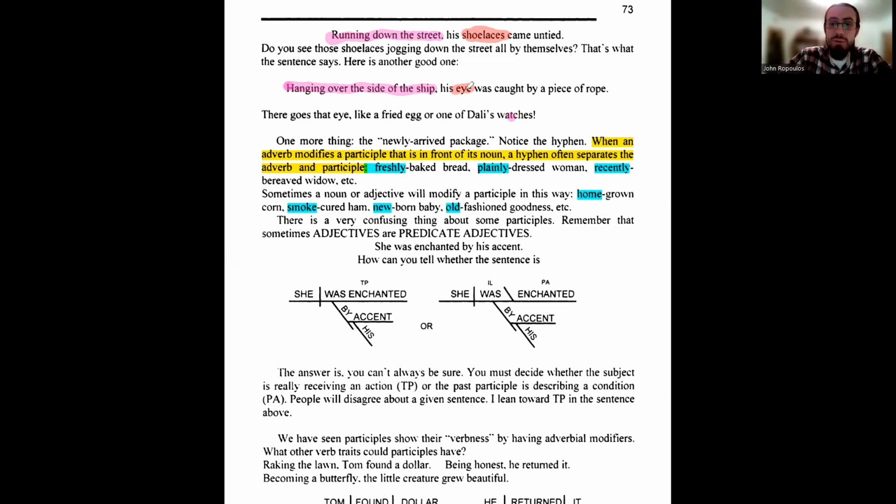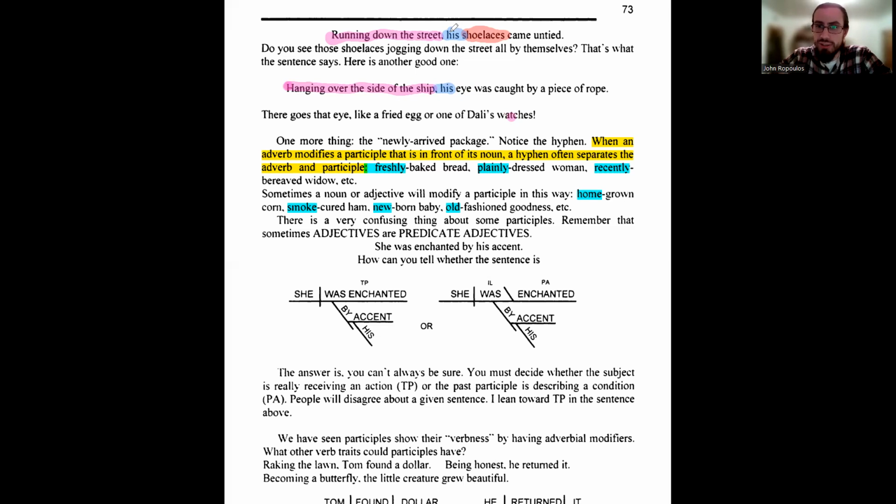So that is an important rule about participles. You want to avoid the dangling participle. And the mistake is basically this. You or whoever's writing it is assuming that this participial phrase is modifying this possessive pronoun, right? But this pronoun is acting as an adjective for eye and as an adjective for shoelaces, right?